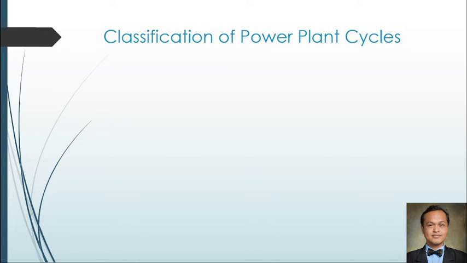thermodynamics. Because of these laws of thermodynamics, a power plant cycle has been created that is used in a power plant. So we have a vapor power cycle.